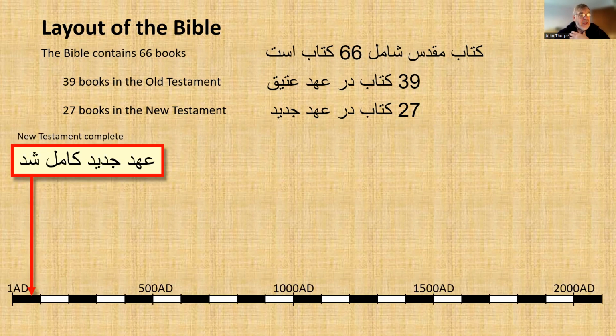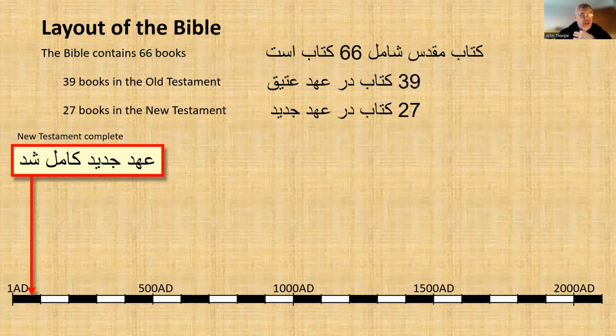So let's think about when the Bible was finished. So the Old Testament was completed about 430 years before the time of Jesus.